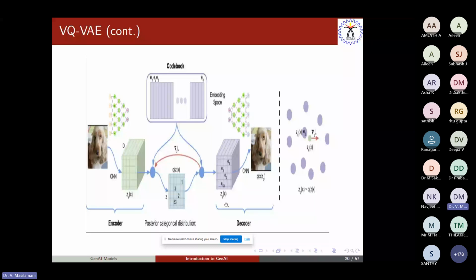This is the network. For this network, E1, E2, E3 are the vectors. It's not theta, it is E1, E2, E3. What is this? This is basically the codebook. All these are codes, E1, E2, E3, and so on up to EK, and these are all standard vectors. The vectors coming out of this encoder may not match exactly with any one of these.